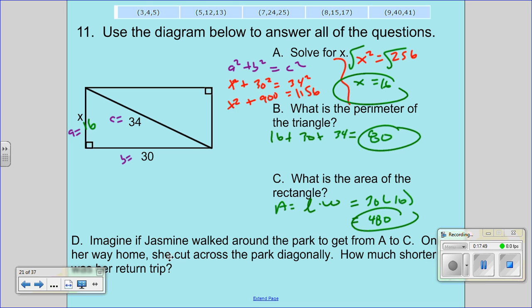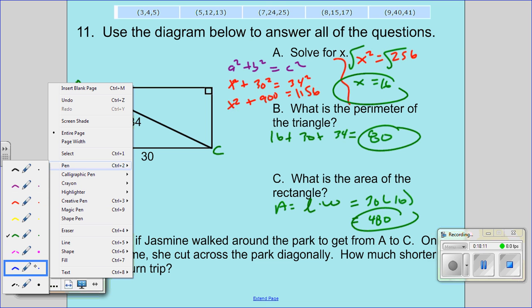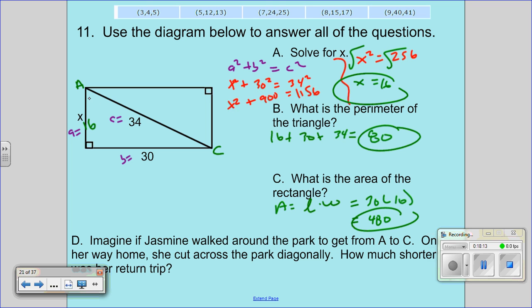D, imagine if Jasmine walked around the park to get from A to C. So it's not labeled, unfortunately. This is A. This is C. On her way home, she cut across diagonally. How much shorter was her return trip? So to go from A to C, originally she went down 16 and right 30.